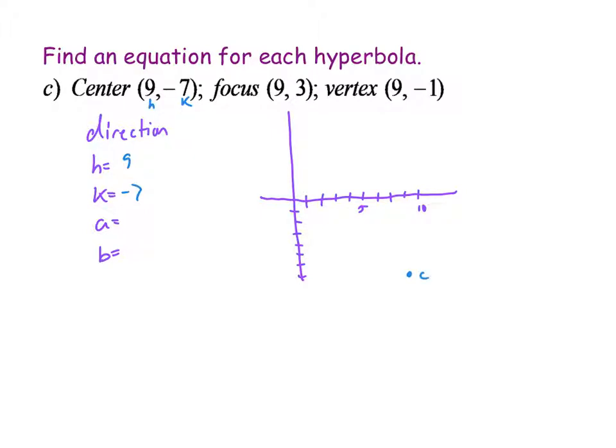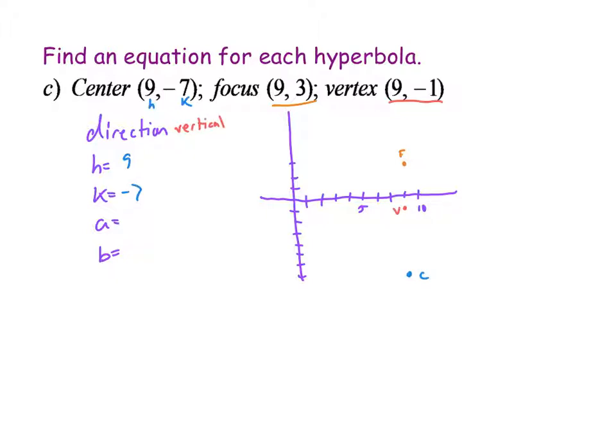Then a focus and a vertex, so 9, 3. There's a focus, and then the vertex, 9, -1, so somewhere over there. You should notice the focus and the vertex are both above the center. That means this is going to be a vertical equation.